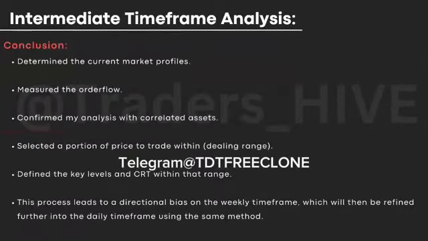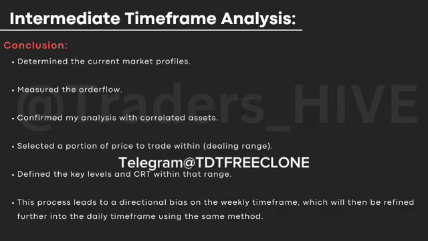Moving on, right here in this slide, you can see that we've got this whole summary. First of all, I started off with determining the current market profiles, right? This involved identifying whether the market was in a consolidation, expansion, reversal, or a retracement profile to understand the phase that we are in.